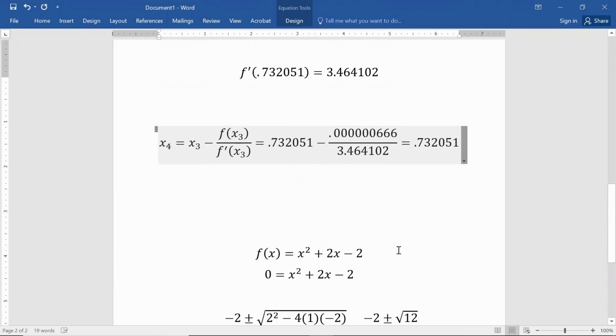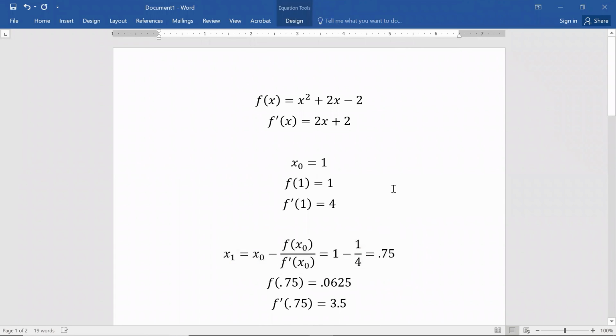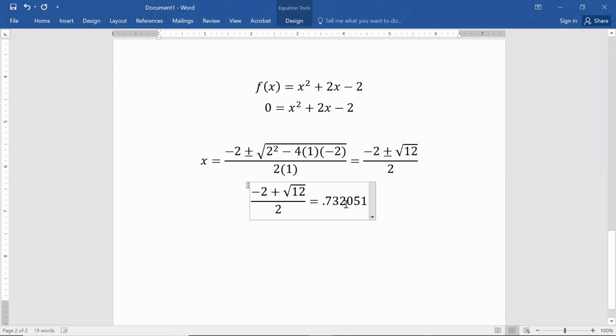And that's the power of Newton's method, that this will give you roots, or at least roots rounded to as many decimal places as we want. We can check on this one that that method actually does result in the right answer.